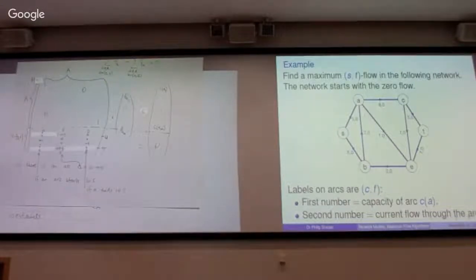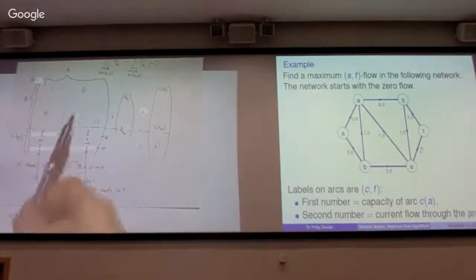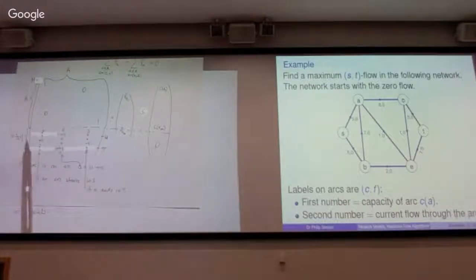I know it's a lot of information at once, but when you're doing the dual, what were constraints become decision variables, and what were decision variables become constraints. Okay? We had one decision variable in the first formulation for each R. So now we will have one constraint for each R. So these columns of the matrix, each of them will give you a constraint.